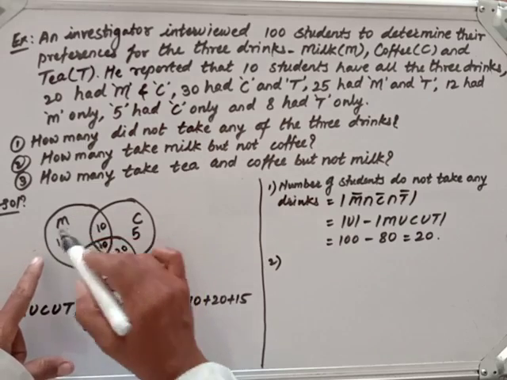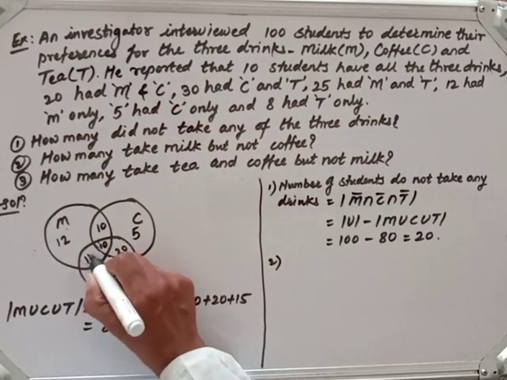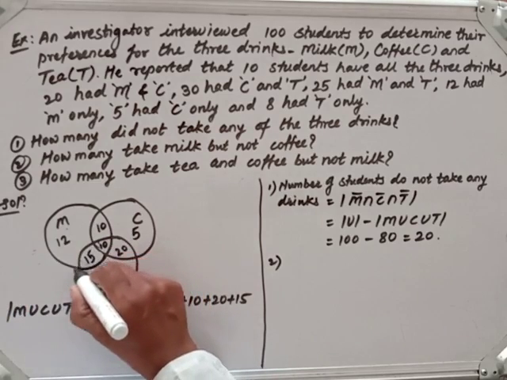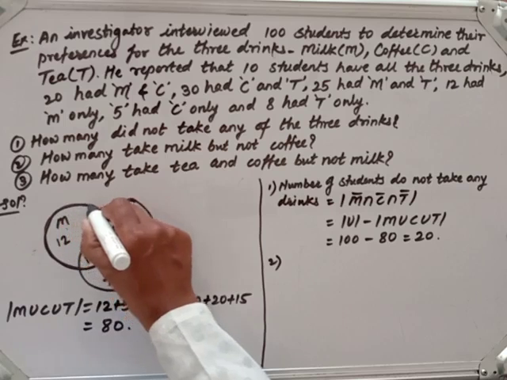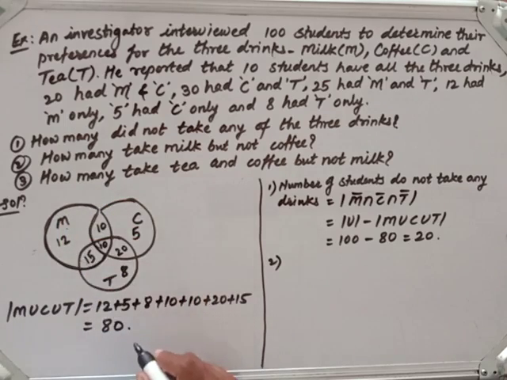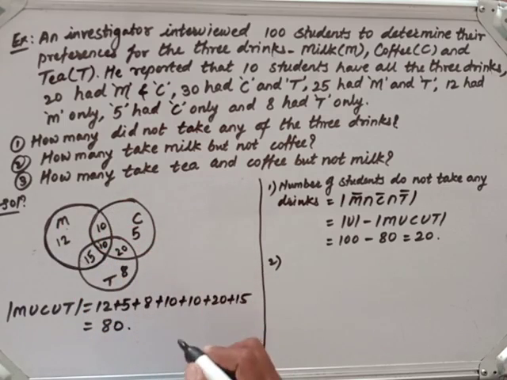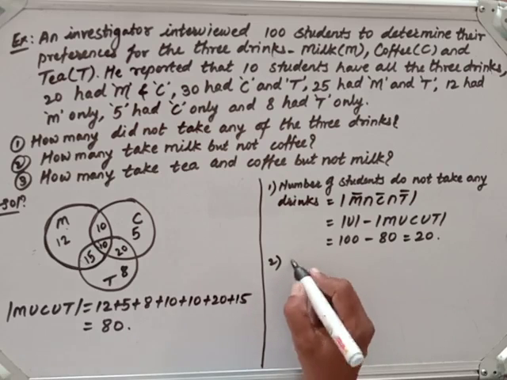That part consists of this 12 and 15 only. This is M minus C, the difference set. So 12 plus 15 is 27. So the answer of second will be 27.